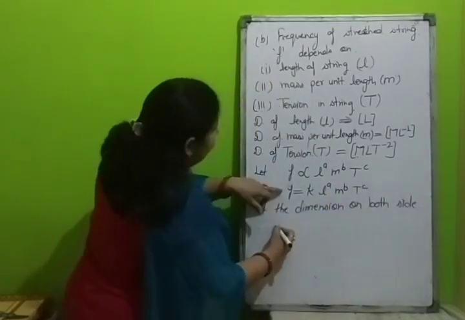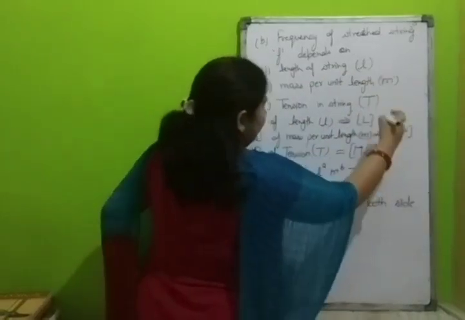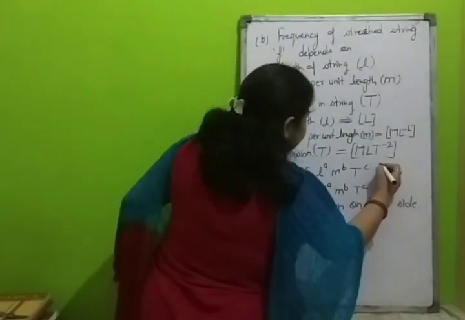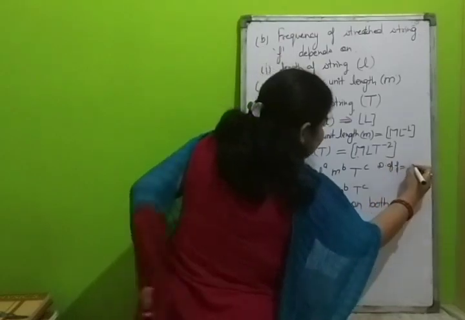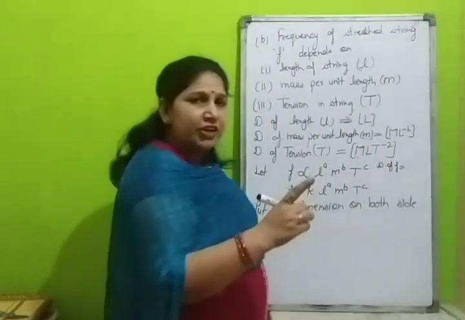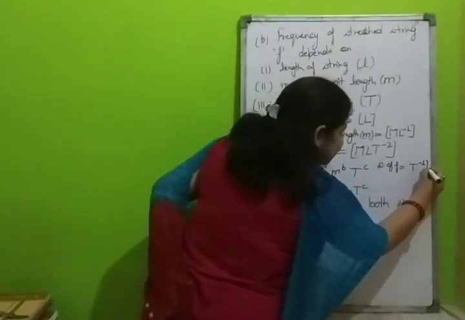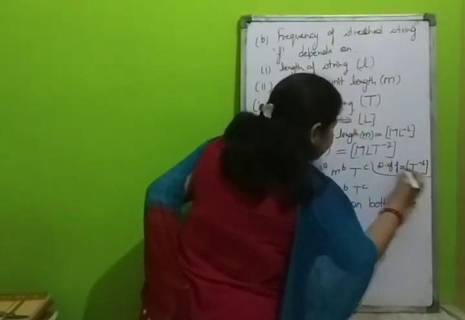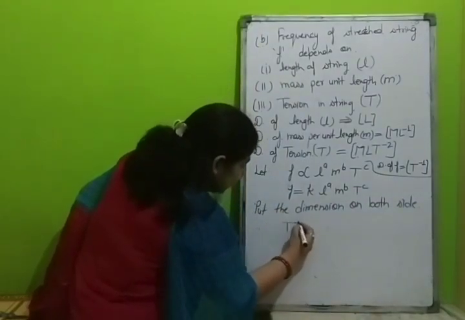We have the dimension of f, we have not written that. Then we can write the dimension of f also. Frequency is the number of turns per unit time, so the dimension of frequency is T minus 1.